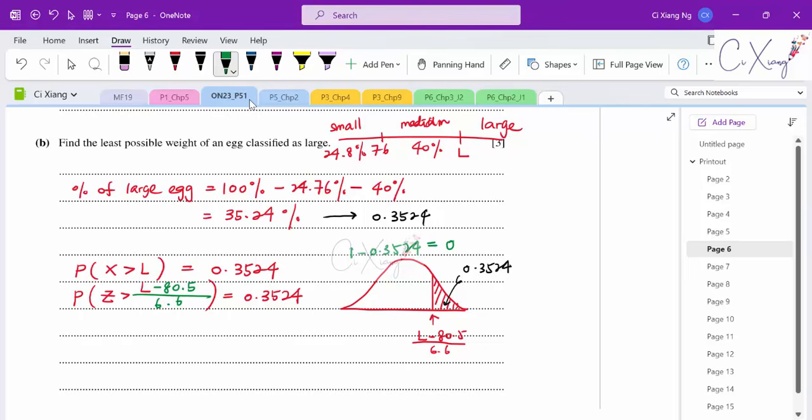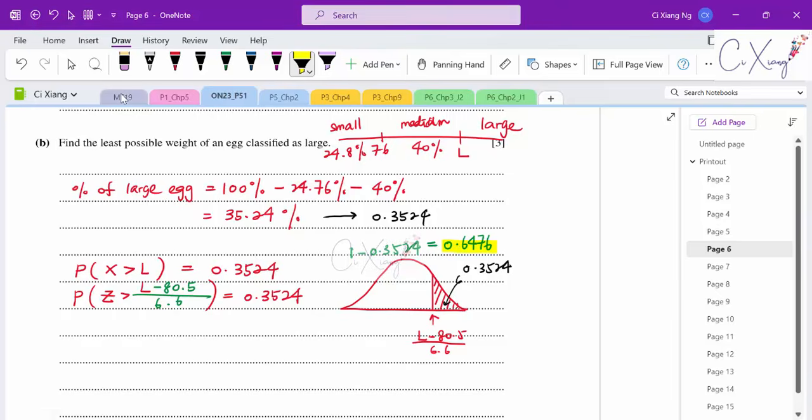Let me calculate: 1 minus 0.3524, you should get 0.6476. So instead of finding the value using 3524, please use 6476, finding backward.